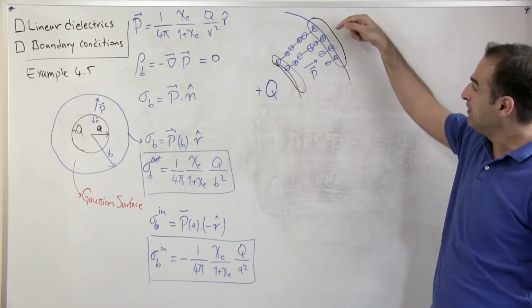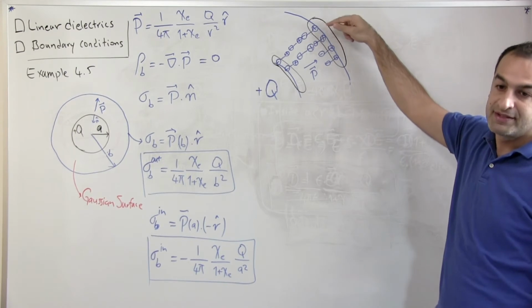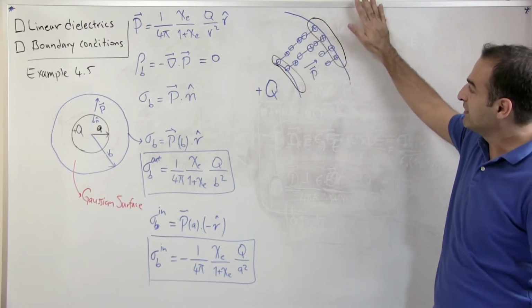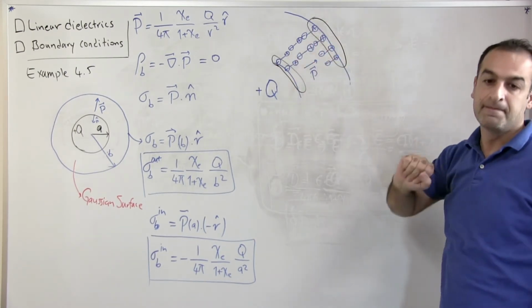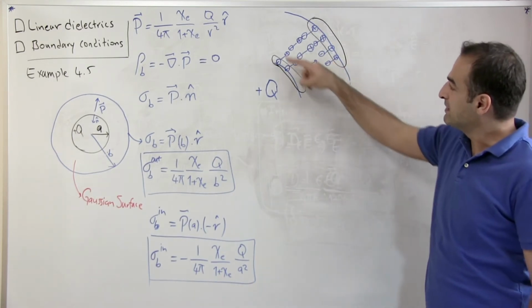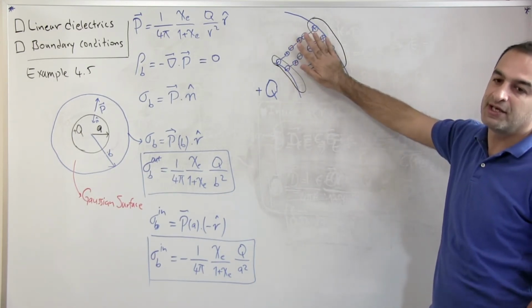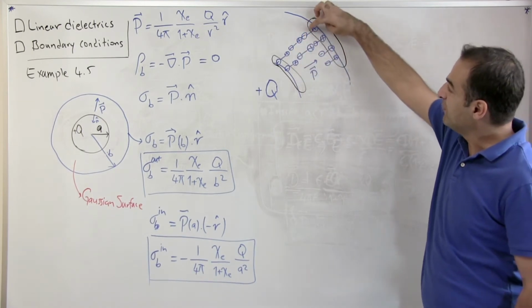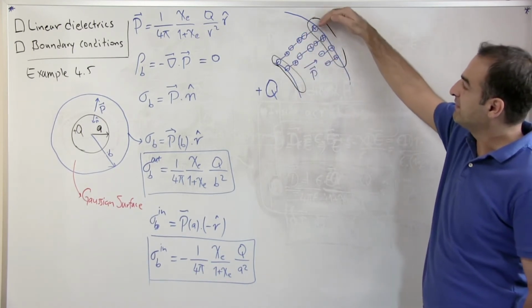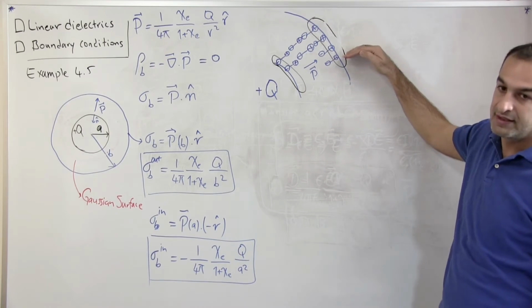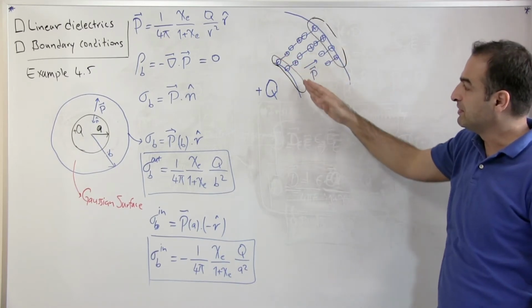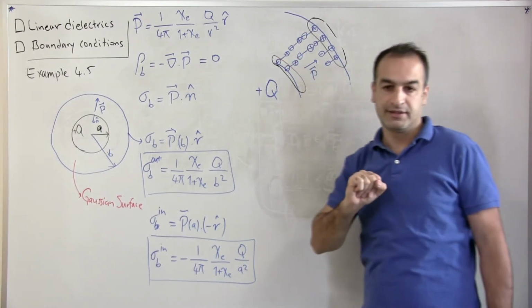That means all the positive ends of the dipoles are on this side, and negative sides are inside. So inside the material, the positive and negative charges cancel out each other. There's no net charge in the middle. But if we only focus on the surface, we have accumulation of positive charges on the outer surface and accumulation of negative charges on the inner surface.